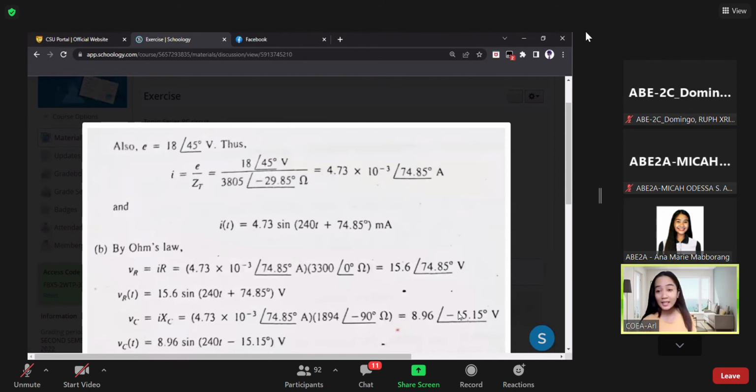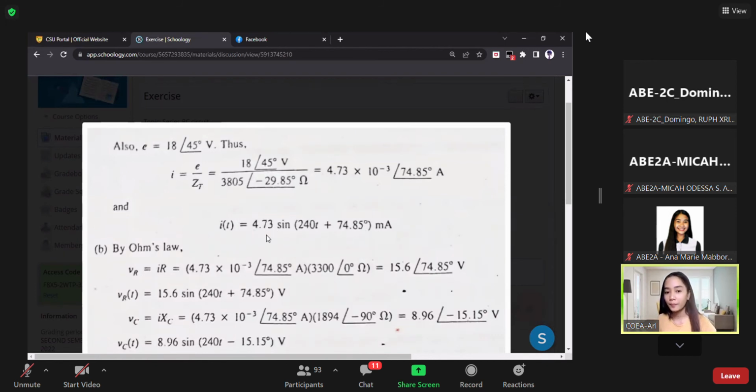Okay, parehas lang. Milli pa rin siya. So that is 4.73061768 times 10 raised to negative 3 or milliamperes, angle 74.85, which is positive.